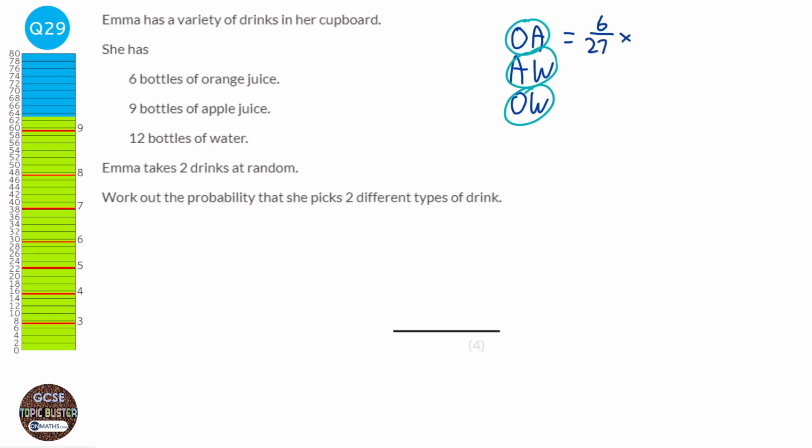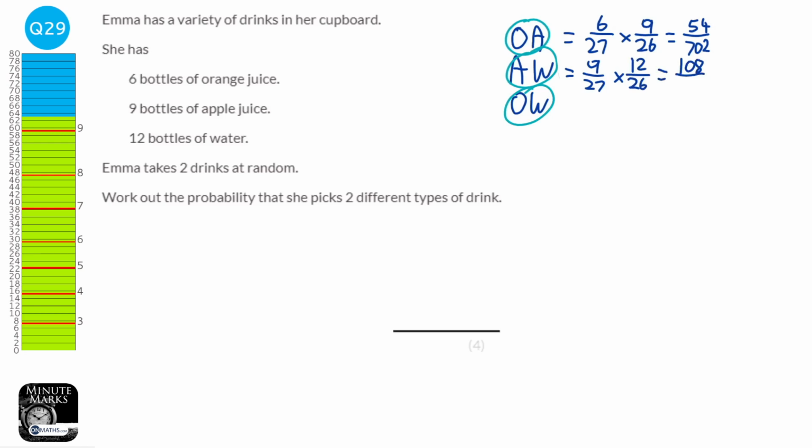And then if we picked an orange juice, the probability of picking an apple juice would be 9 over 26. And so that would be 54 over 702. Apple juice then water would be 9/27, and then 12/26, and so that would be 108/702.